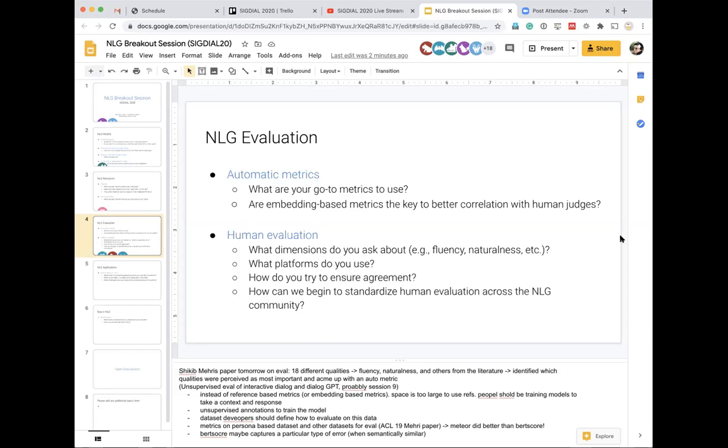I wanted to make a comment more on human evaluation. I totally agree with what everyone said about automatic metrics, and it's going to be super useful. My question, more towards everyone, is about this approach where people, like Shikib, annotated 18 different qualities. People annotate different aspects.